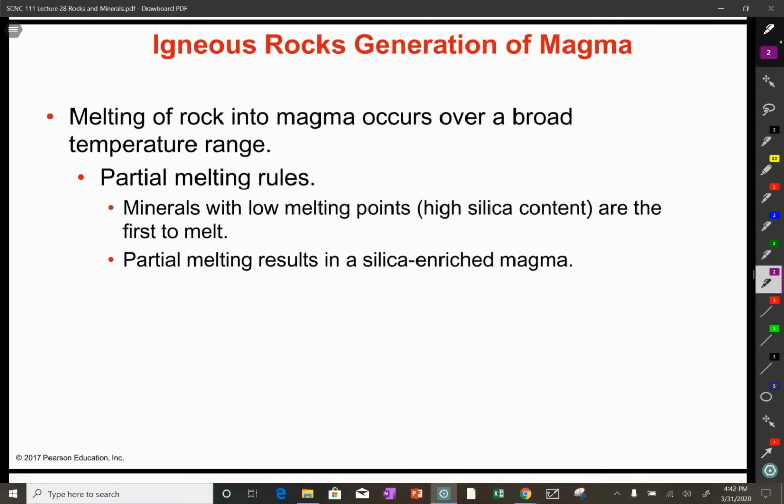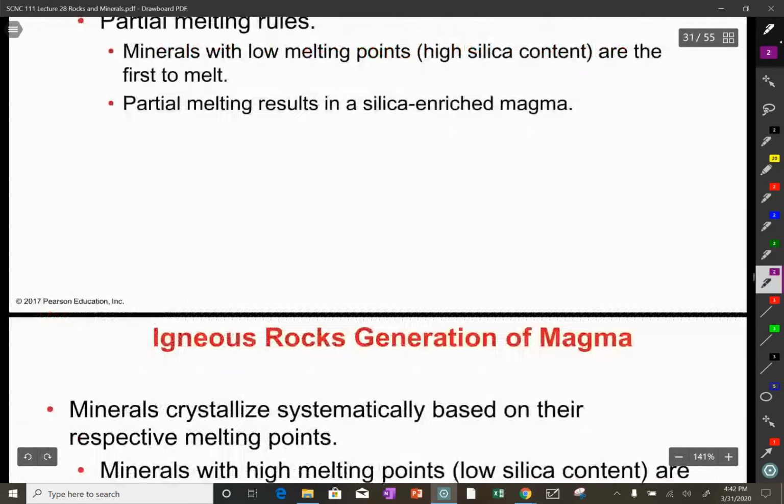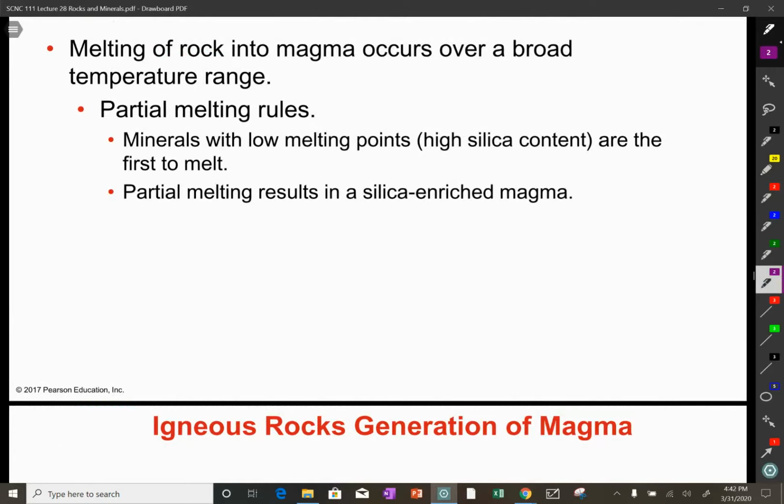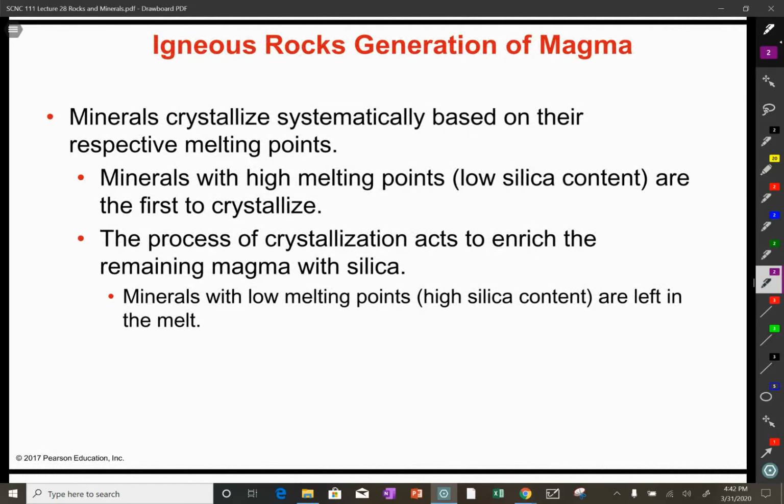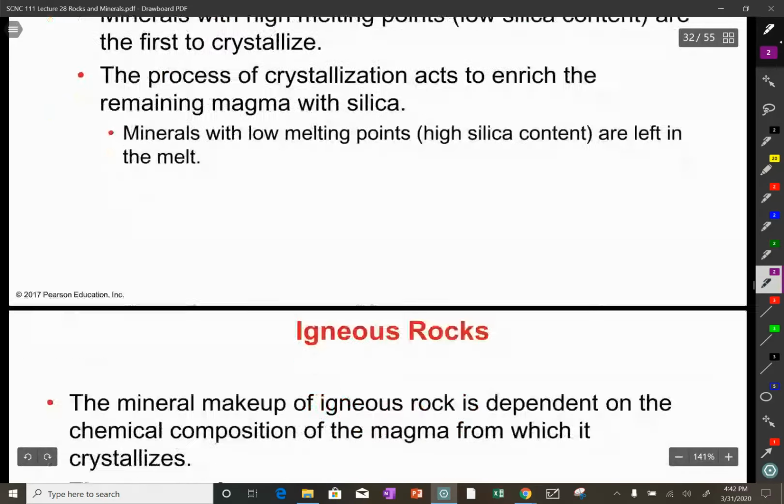And so if you partially melt something, what melted is silica, and then you refreeze that and it's silica enriched. Well, actually, you don't even have to refreeze. You partial melt, and what melts first is silica, so it's enriched. This is saying the same thing.